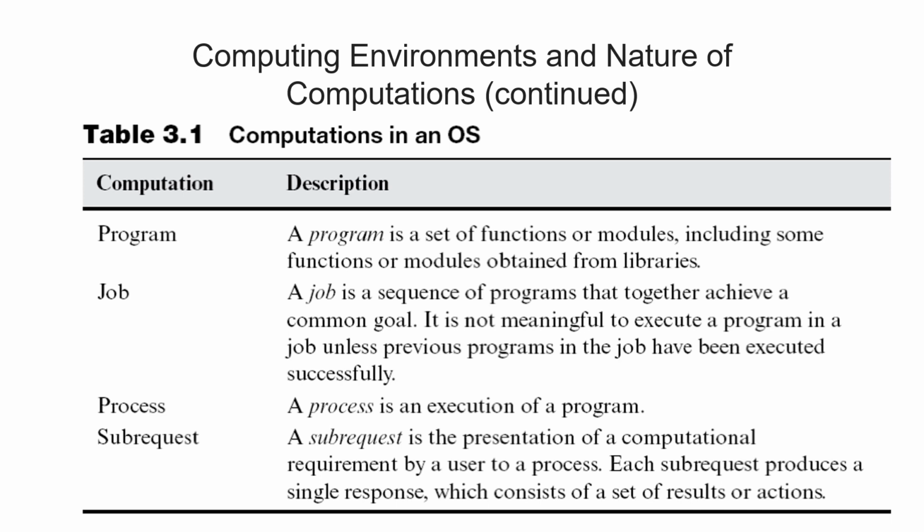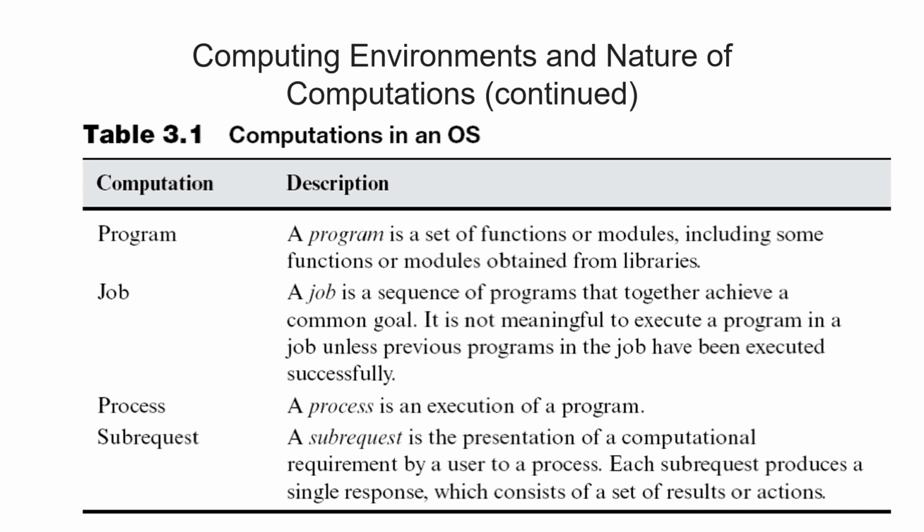And sub request. A sub request is a presentation of computational requirements by a user to a process. The request is nothing but a request from the user, or it may be from a program.